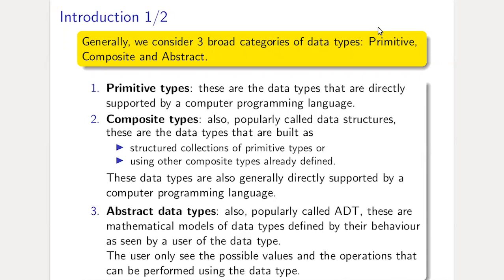The idea is that we would model the behavior of a data type in terms of how we see they operate. So as we proceed through this lecture, you will have a better understanding about these abstract data types.